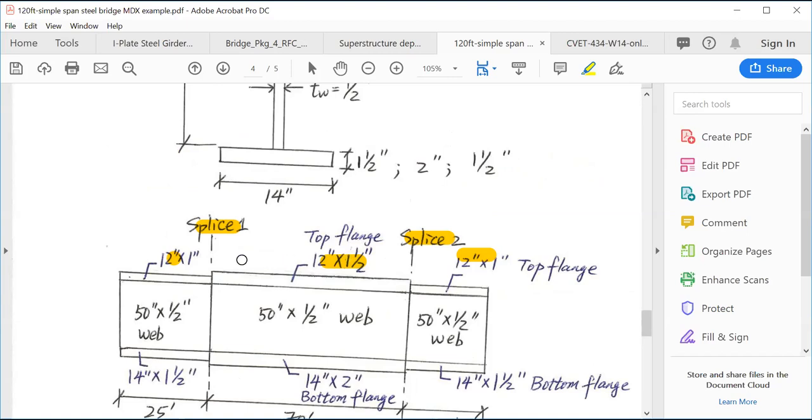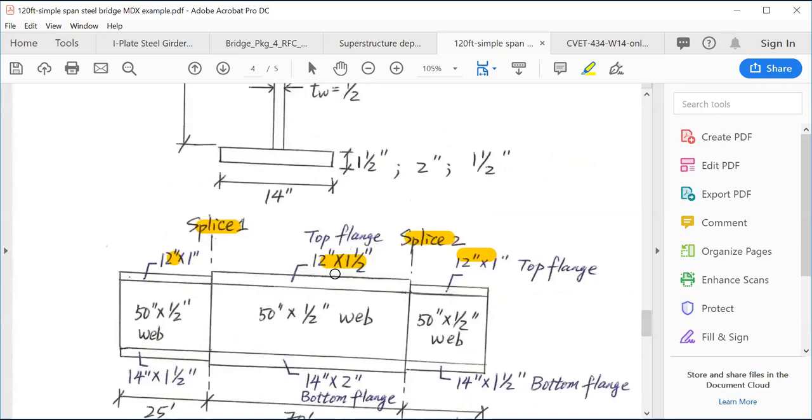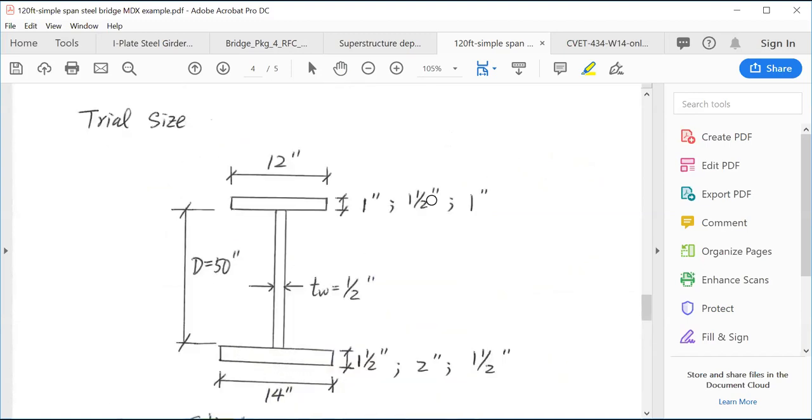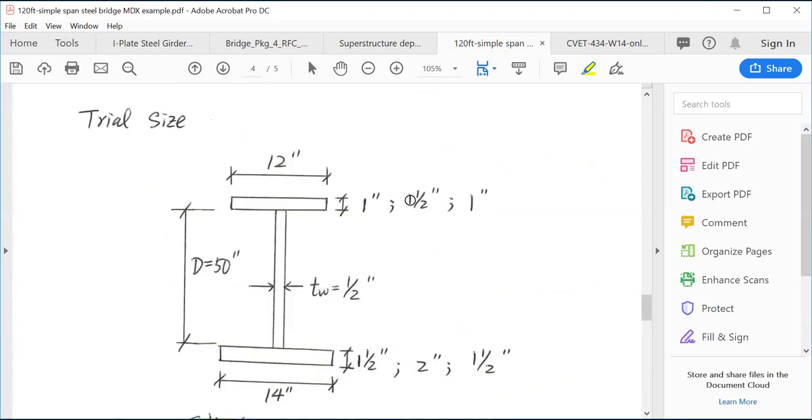Okay, so we will try the minimum flange thickness of 1 inch, and the middle portion as 1.5 as the starting point. And if we find this design over-designed, like after you get the maximum performance ratio, for example, is only 0.5, that means you over-designed your flange and you need to make the thickness thinner.